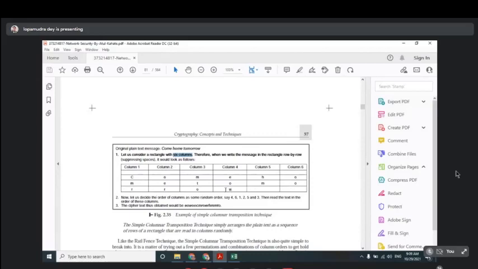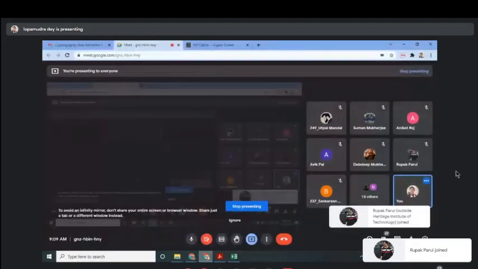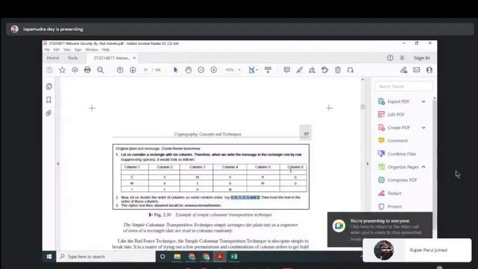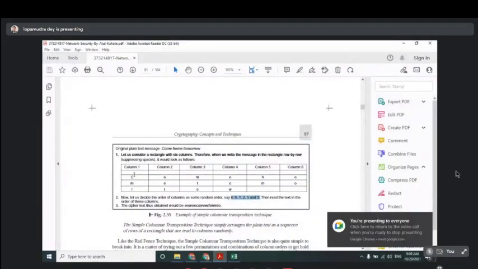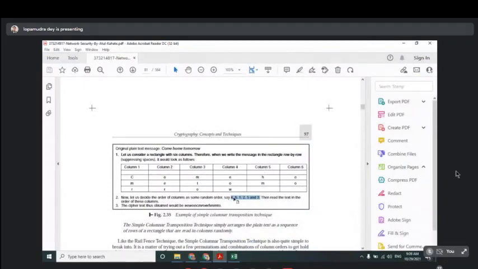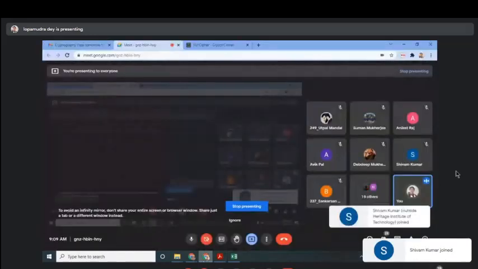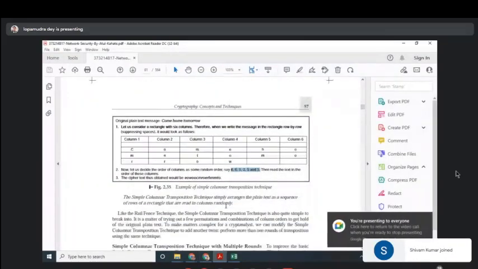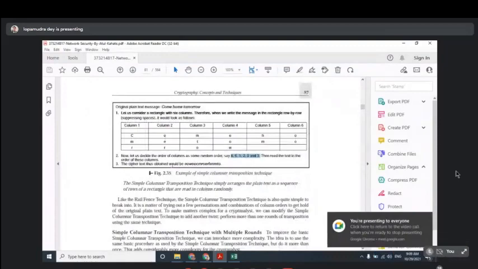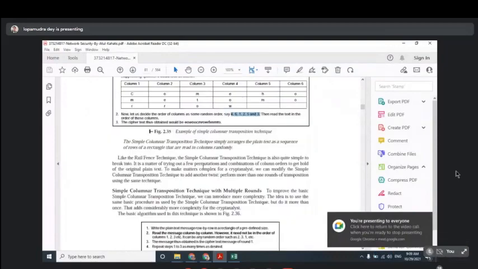Then we read it down as per the random order of the sequence: the fourth column we read first, then the sixth column, then the first column, then the second column, then the fifth column, and then the third column. We have to follow that given sequence, and in this way we will get the ciphertext.